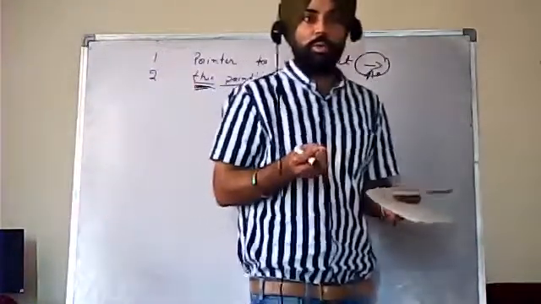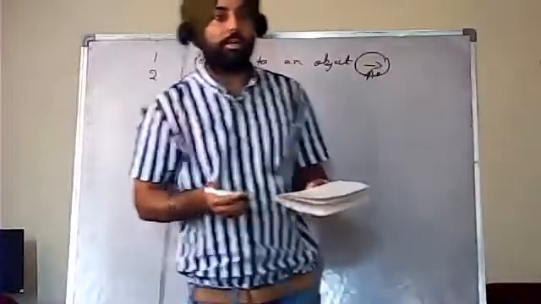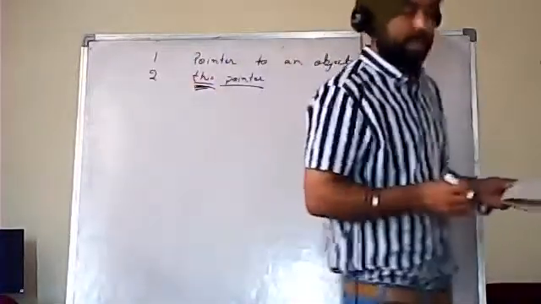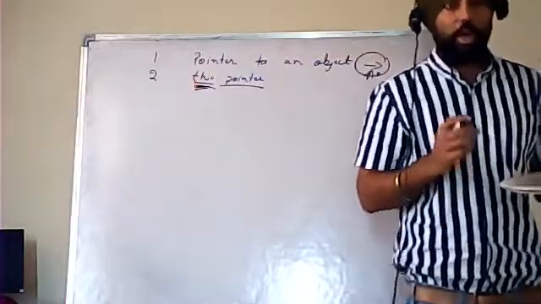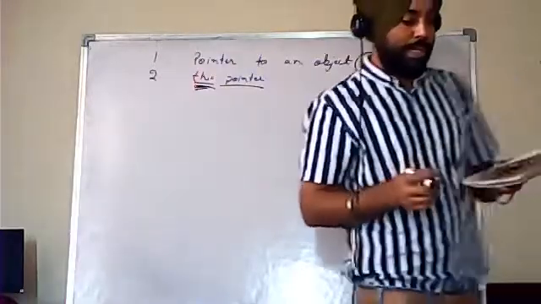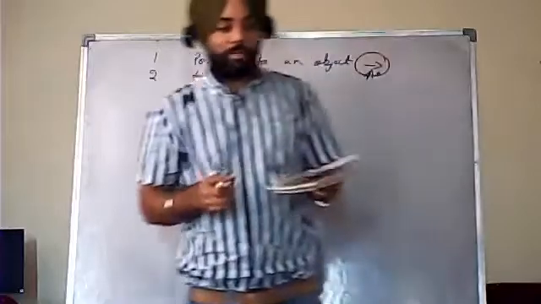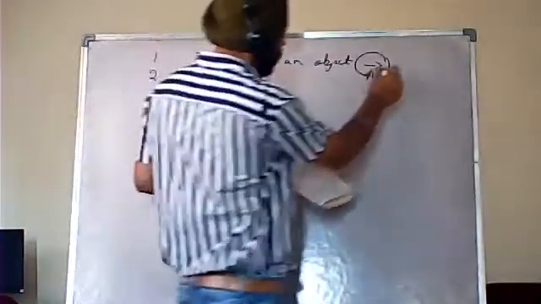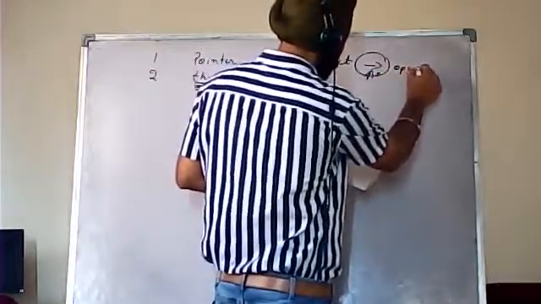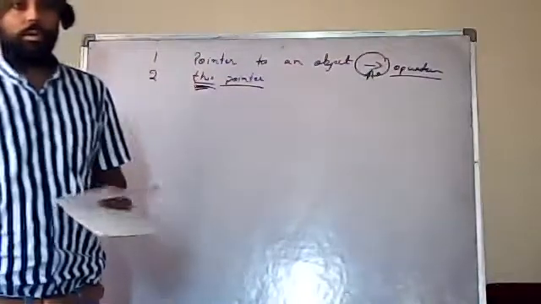Again, the definition for pointer to an object: once a pointer is initialized with the address of an object, then its members can be accessed using the arrow operator. Okay.